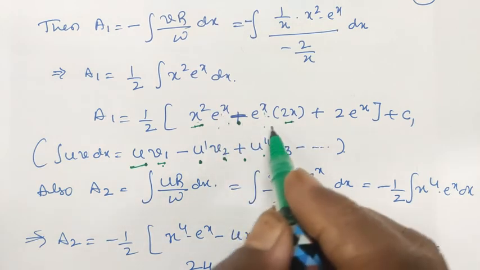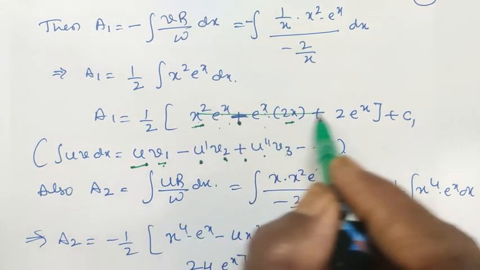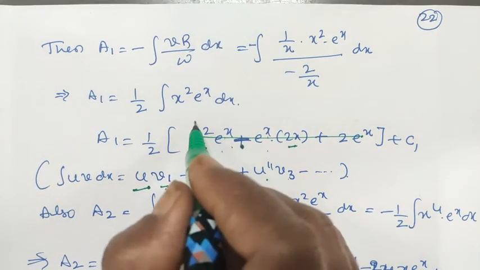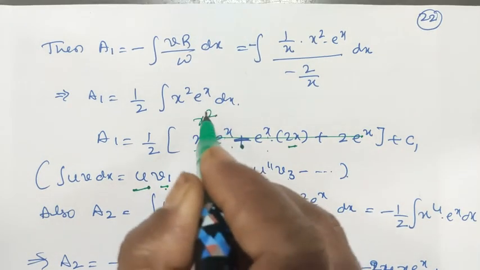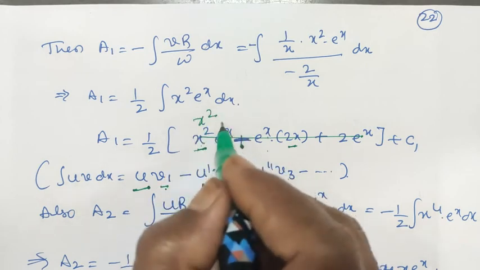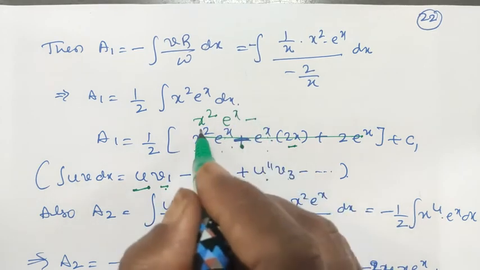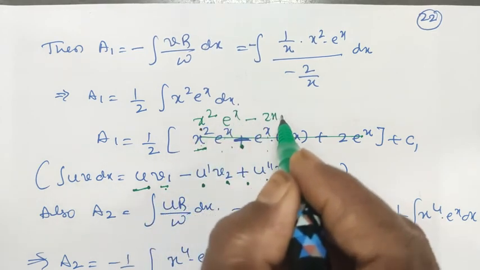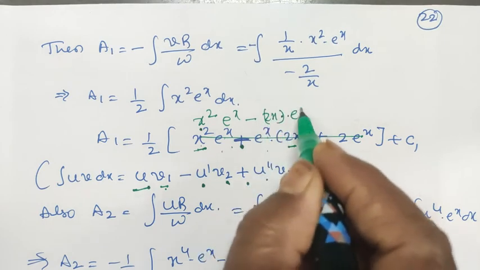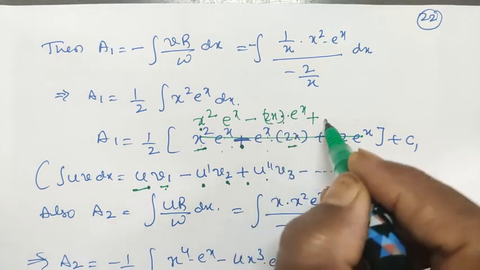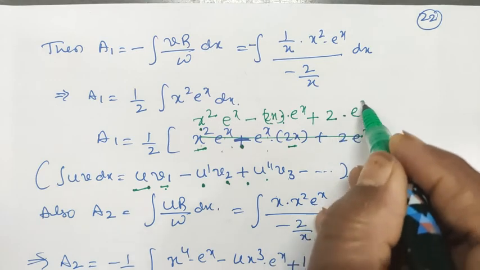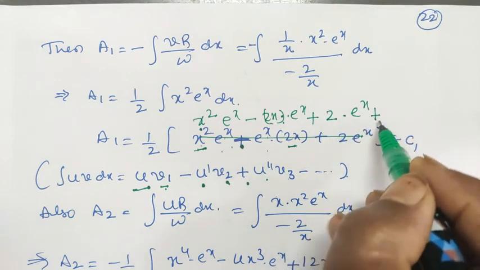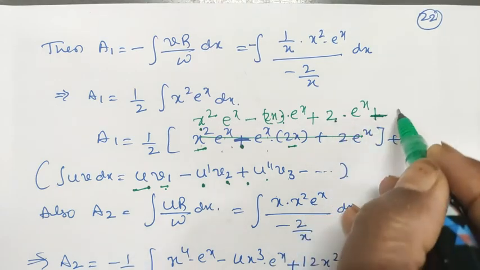You write this in this order only, so that it will be clear. That is x squared as it is, integration of e raised to x, minus derivative of x squared is 2x, integration of e raised to x is e raised to x, then plus differentiation of 2x is 2, integration of e raised to x is e raised to x, then minus, differentiation of 2 becomes 0, you have to stop here only.